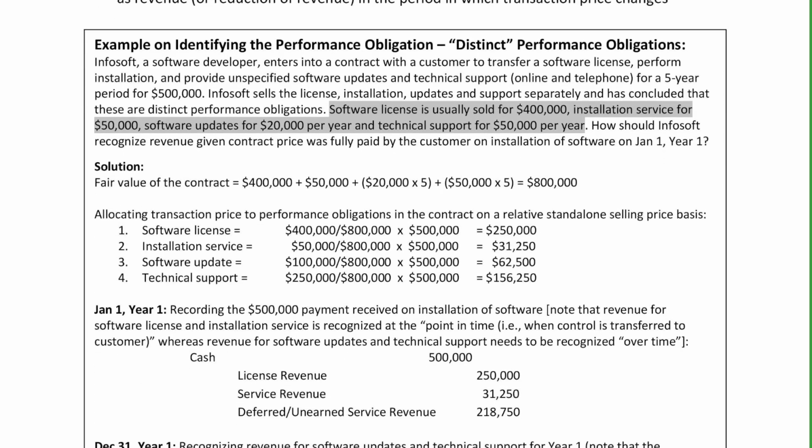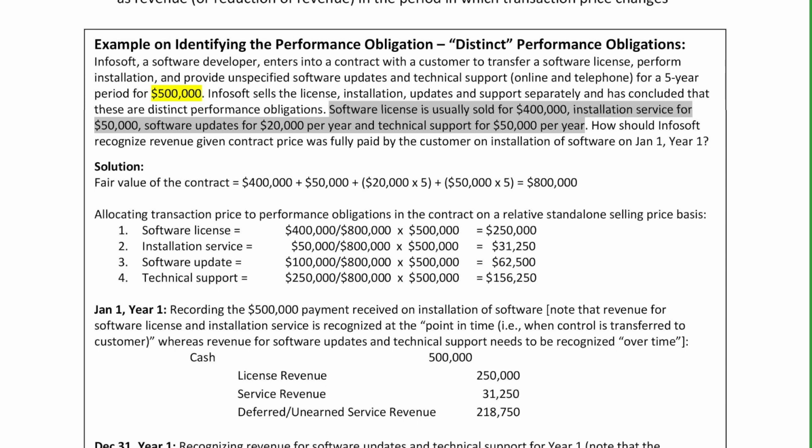So we are again looking at Infosoft, the software developer who entered into a contract with a customer to transfer number 1, a software license, number 2, perform installation, number 3, provide software updates, and number 4, provide technical support. All this for $500,000. Now, Infosoft sells the license, installation, updates, and support separately and has concluded that these are distinct performance obligations.